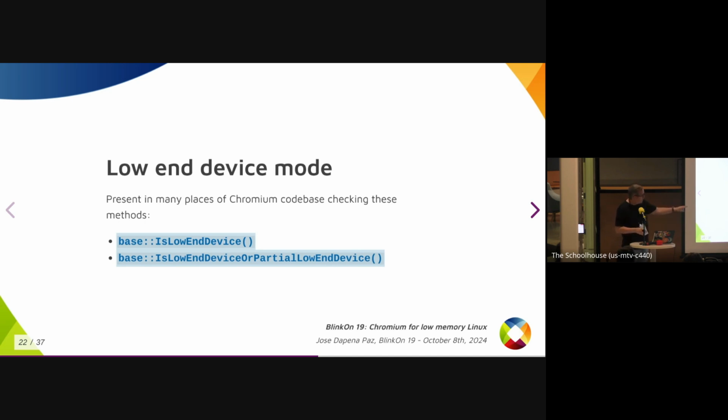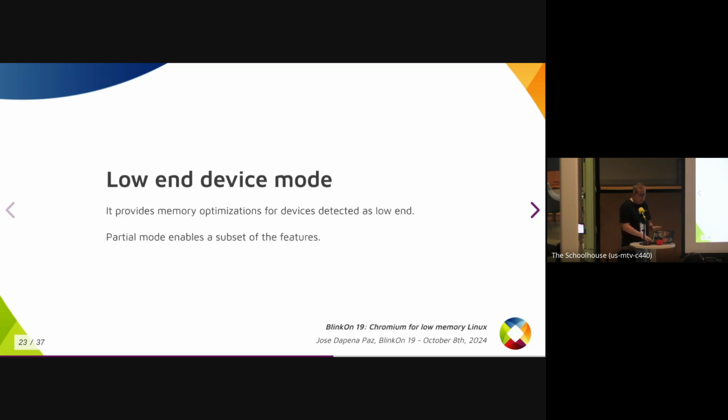And then we have this a bit newer API that is enabling part of the low-end memory optimizations, because we say, okay, we are in a not so constrained device, but still it's going to be better to save a bit of memory because performance is going to be better because of that.